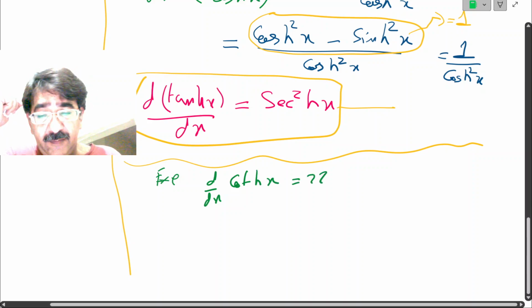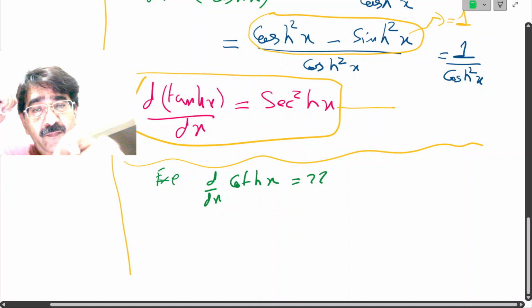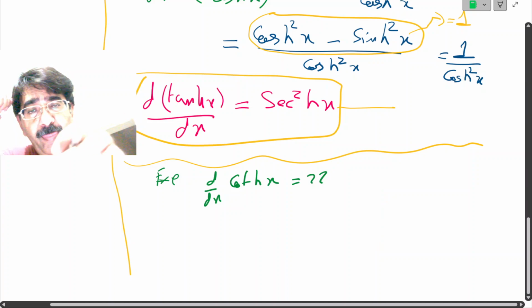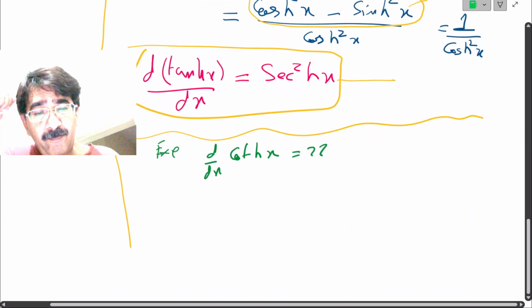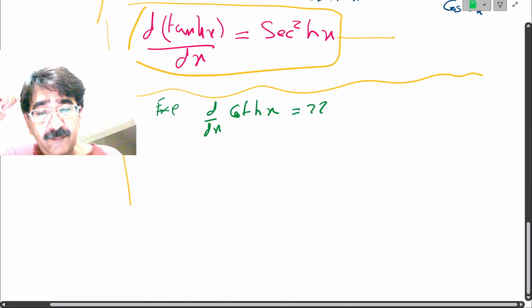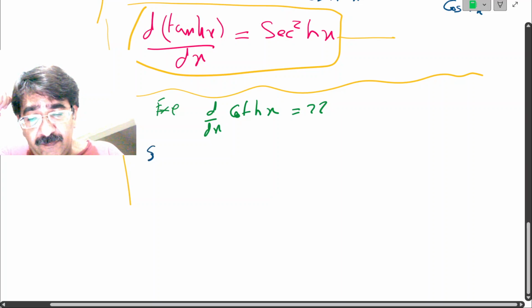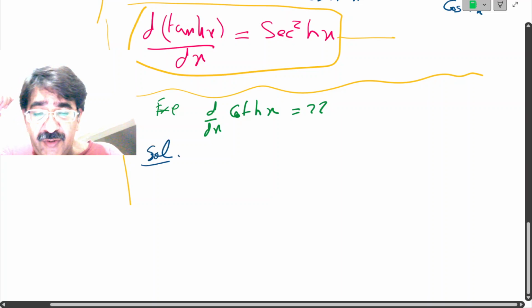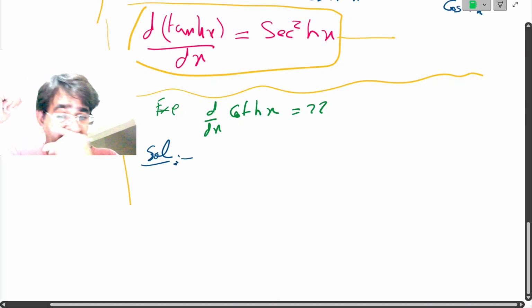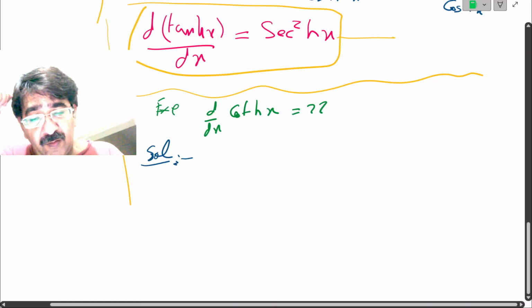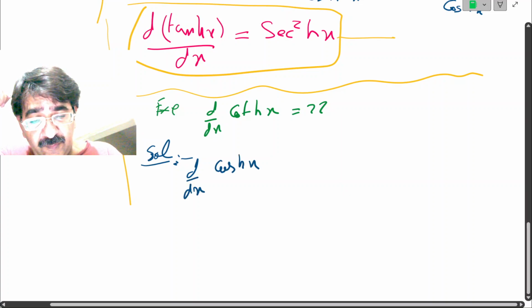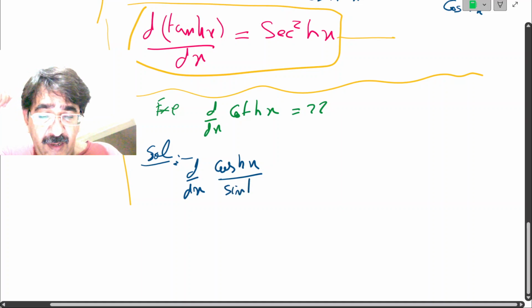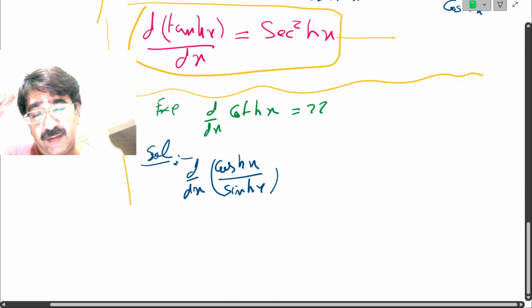What is that? From the solution, as we know that cot is cos hyperbolic x divided by sine hyperbolic x, the same as we have done in the previous exercise.